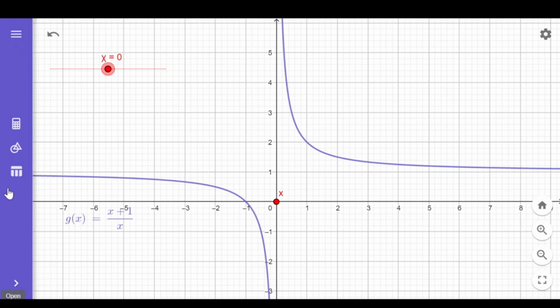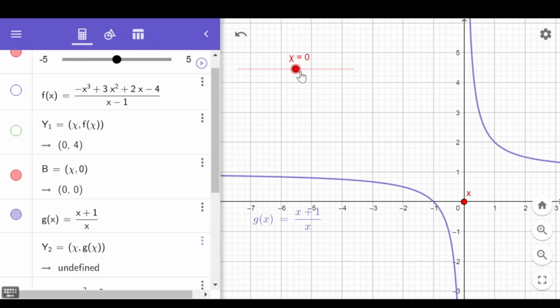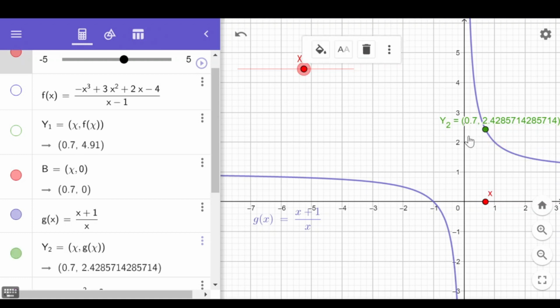Siguro ipakita ko na lang yung computation dito para ma-convince kayo. Anyway, kapag slide ko to the positive part, ito yung function, no? So, meron tayong value. At x equal to 0.7, 2.4285, something ganyan. Meron siyang value.